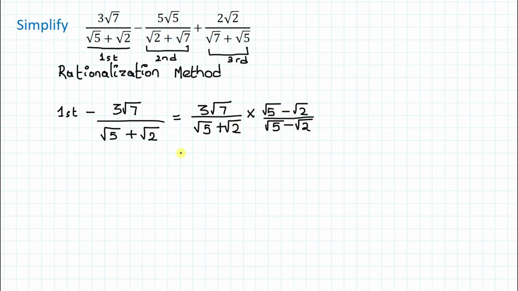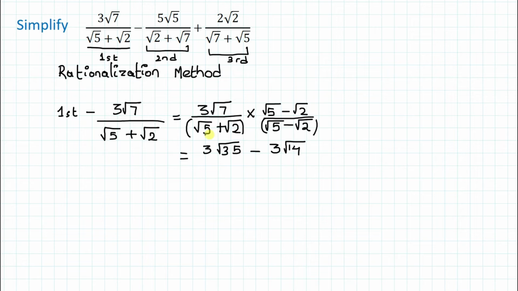So then multiplying, 3 root 7 into root 5 we get 3 root 35, and minus sign is here, 3 root 7 multiplied with root 2, 3 root 14. In the denominator you can see that here it is root 5 plus root 2 and here root 5 minus root 2.